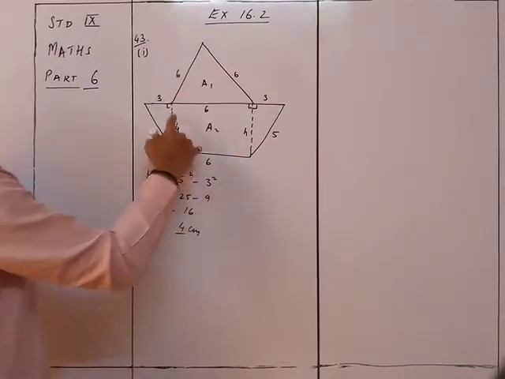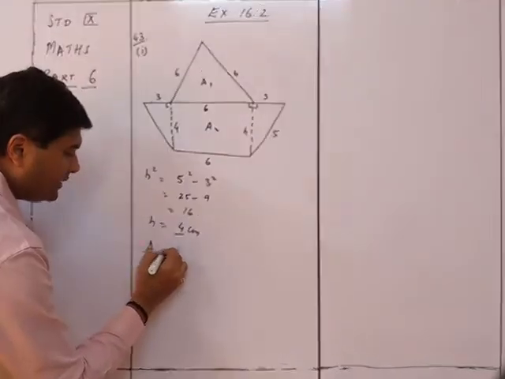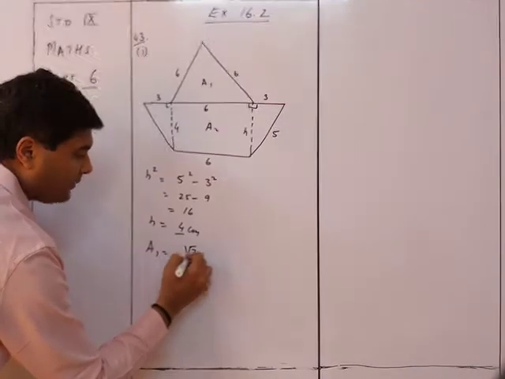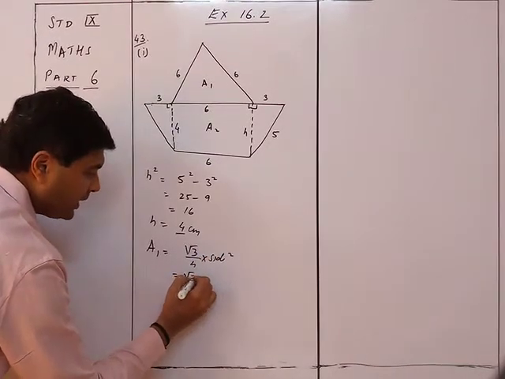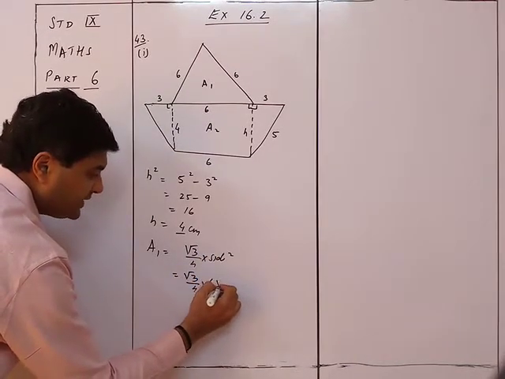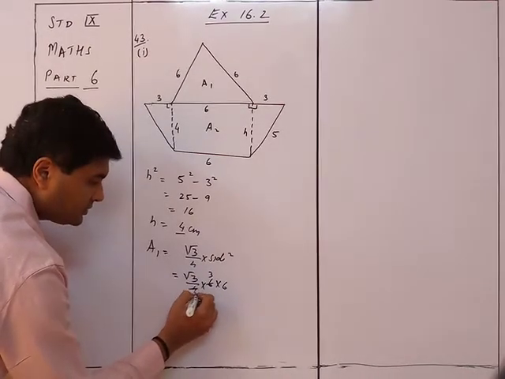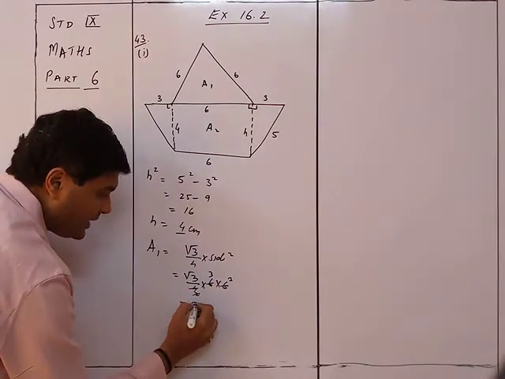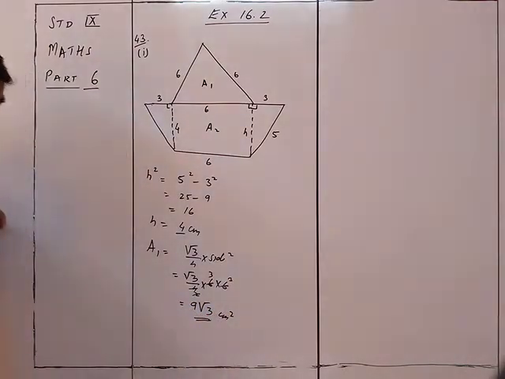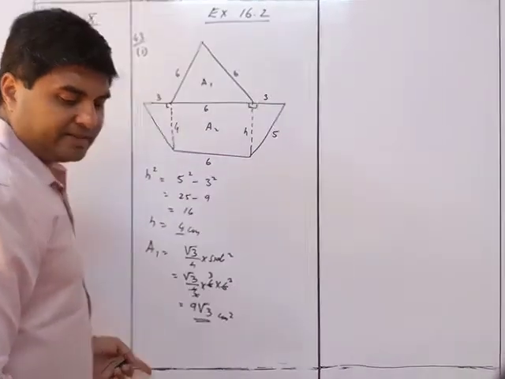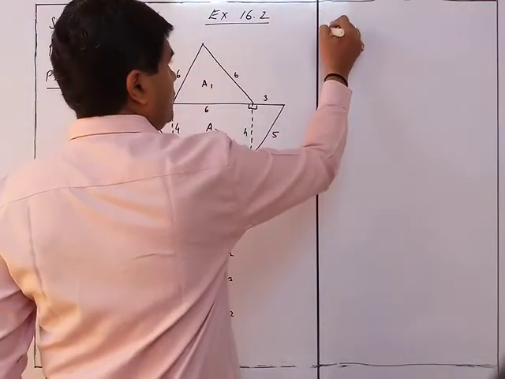So accordingly, for the area, first of all, let us find out area A1. So A1 is equals to root 3 upon 4 into side square, is equals to root 3 upon 4 into 6 into 6. That will be 3s are 9 root 3 centimeter square. We next see the part over here, which is A2.